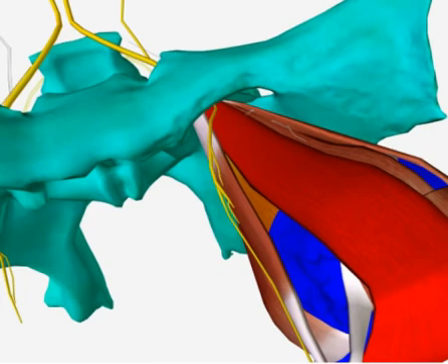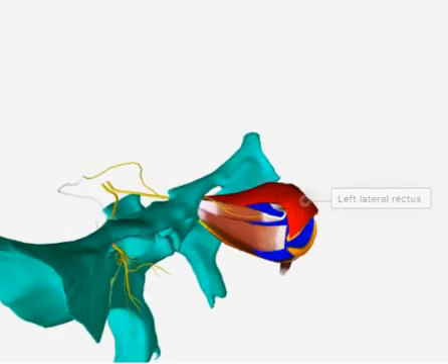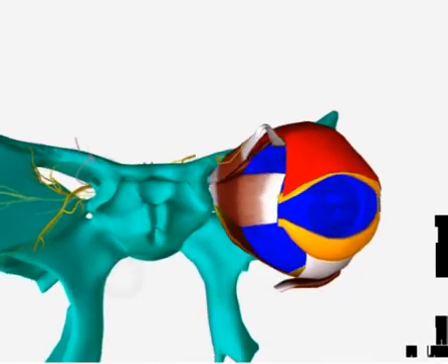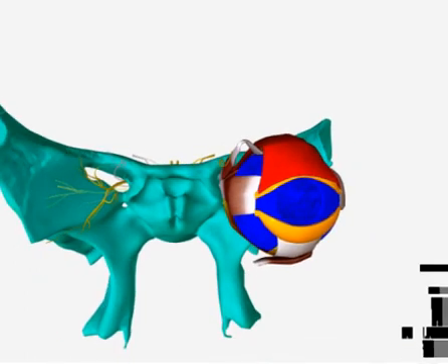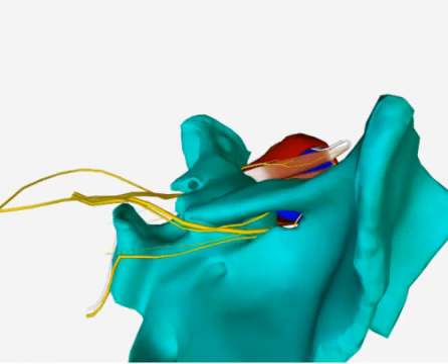You see, this is the abducent nerve. It will supply the lateral rectus muscle. If we see from the right side, this is the abducent nerve over here.